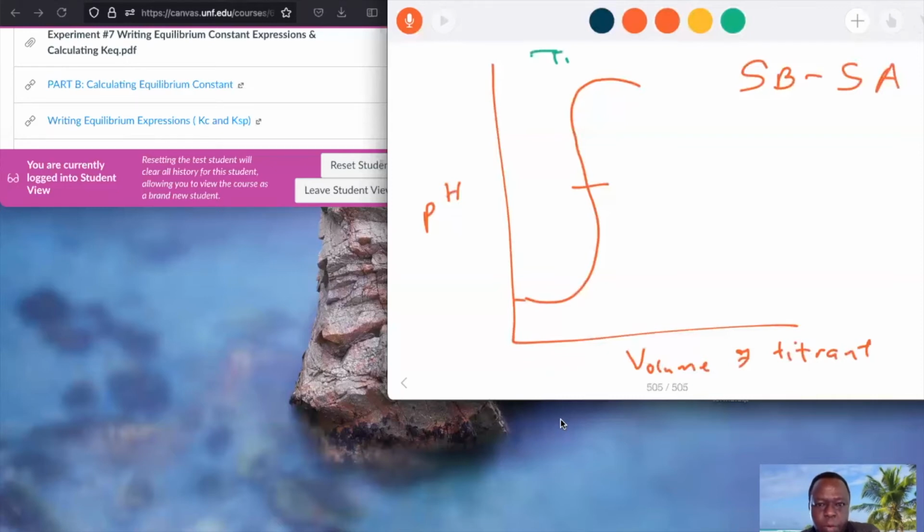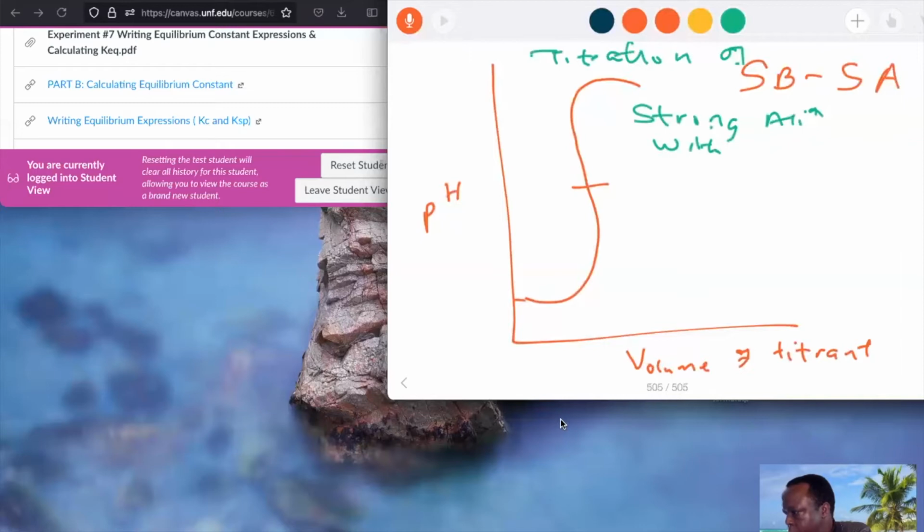It's assumed that you are communicating scientific knowledge or information to somebody, and you should have all the key features on your curve. For example, the title in this case is titration of strong acid with strong base. That is the title of the graph. All graphs should have a title.